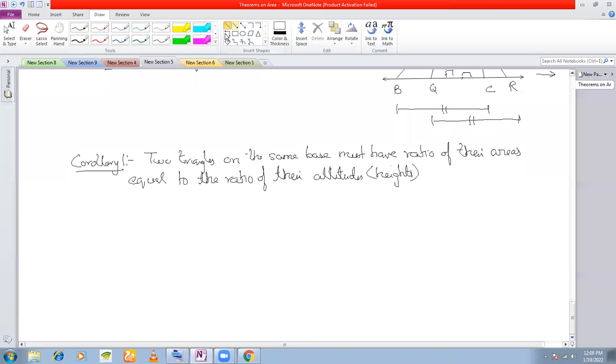Suppose you have two triangles on this base. Say one is this triangle and the other is, let's say, this triangle.